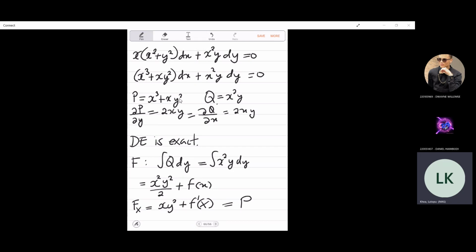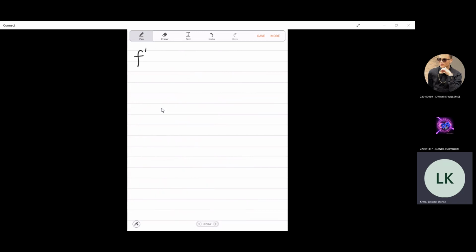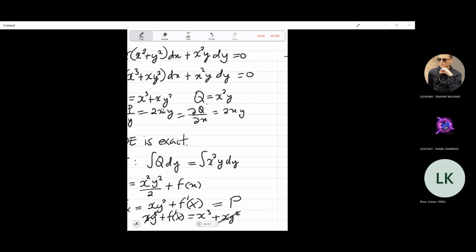So I have x y squared plus f prime of x. This is equal to my p here, x to the power of 3 plus x y squared. Okay, so these two will cancel, and then you can see I have f prime of x is equal to x to the power of 3.